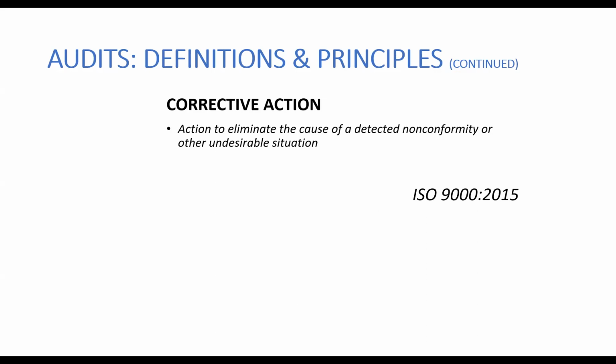But it might be possible that after some time, this bulb is again going to fuse. Why do we have the same issue? Because we only took the correction. We did not take the corrective action. The corrective action is that we need to take actions in such a way that we do the root cause analysis.